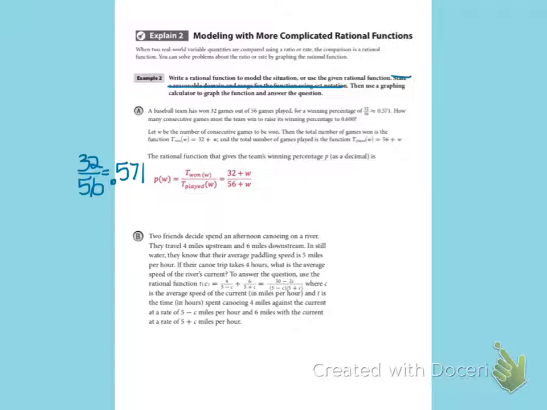So how many consecutive games must the team win? So again, it's consecutive games. So if they keep playing and they keep winning, how many must the team win in order to raise its percentage to 0.60?